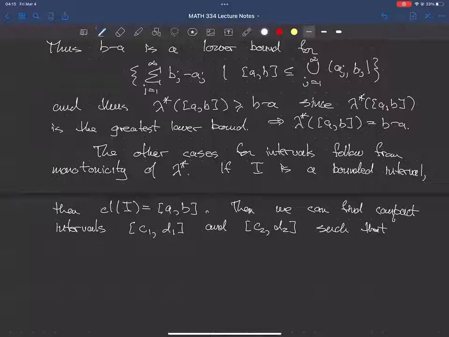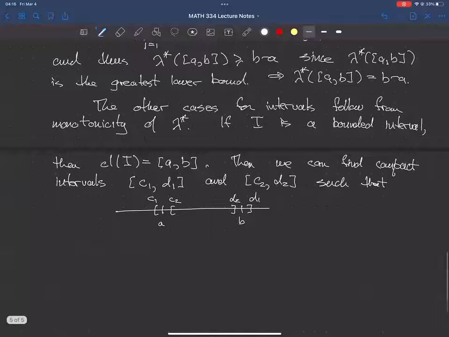let me draw the picture here. Here's a, and here's b. I'm going to choose [c1,d1] to be a little bit bigger, and I'm going to choose [c2,d2] to be a little bit smaller.